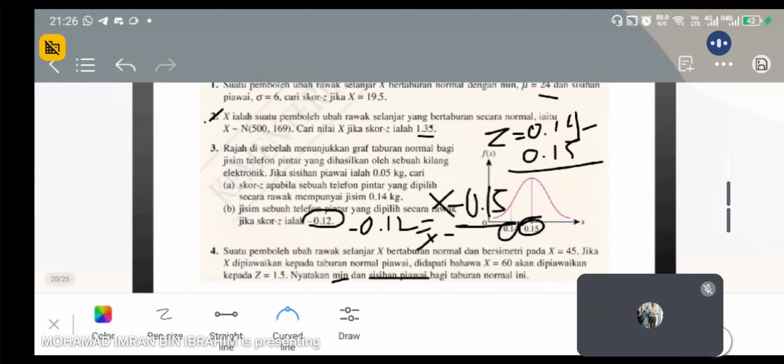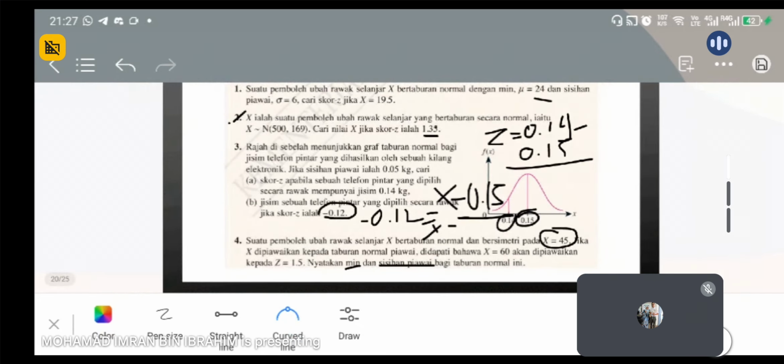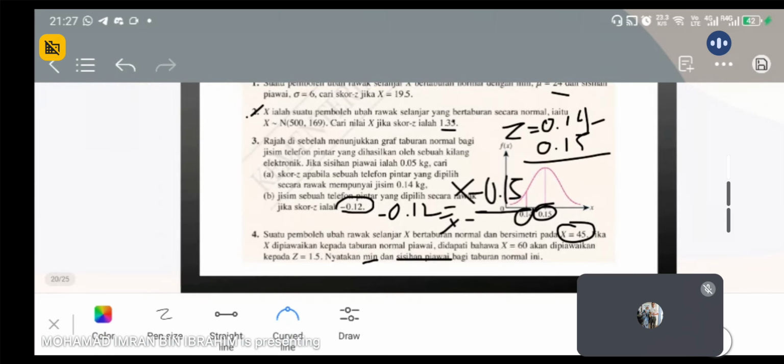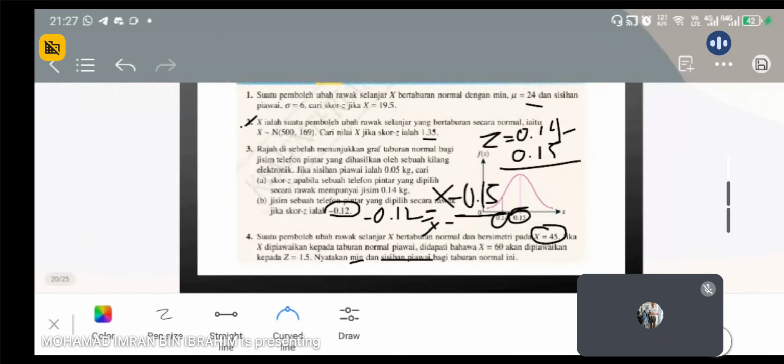Alright, so what we have to do is we get to know that the mean is already stated, X is equal to 45. Simple. The question may be panjang or lengthy, but still we get some marks on this. So if you know the maksud di sebalik benda yang tersirat ni, you will most probably understand this.